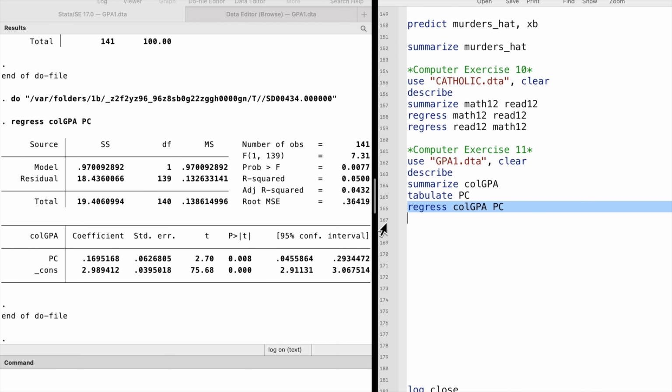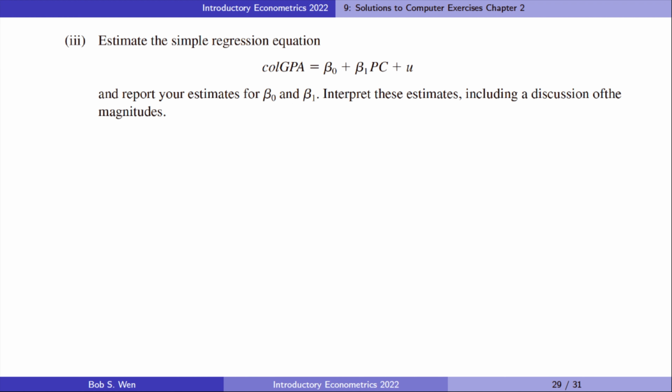We regress college GPA on PC. The intercept estimate, 3.0, is the predicted GPA for the students without PC. The OLS estimate beta 1 hat is the predicted difference in the GPA between students with PC and those without.